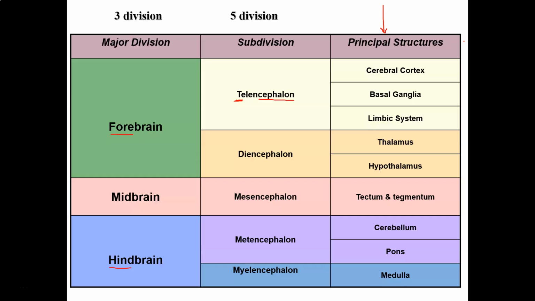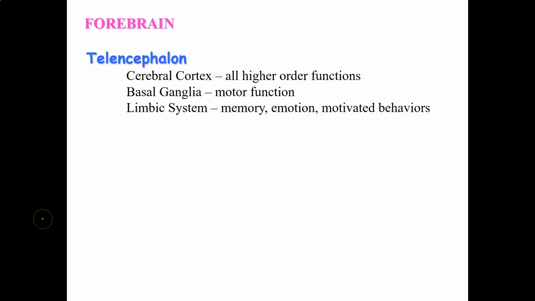This will give you a nice chart to reference when you're looking at structures of the brain and what they do, and learning all of them. It'll be on one single page as opposed to over multiple slides that we'll be covering in this lecture. All right, so we are going to be talking about the principal structures within each of these subdivisions, starting with the telencephalon and then moving our way all the way to the myelencephalon.